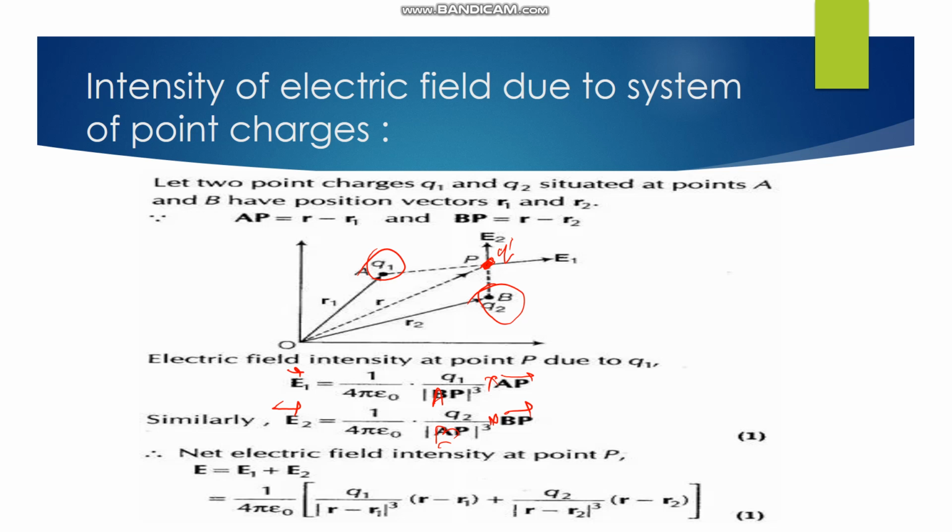So this equation will increase up to n terms. By putting E1 and E2, we can see only 1 by 4 pi epsilon naught is common. So we get the required result. So this is the electric field intensity due to a system of point charges.